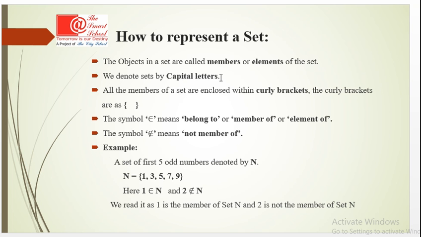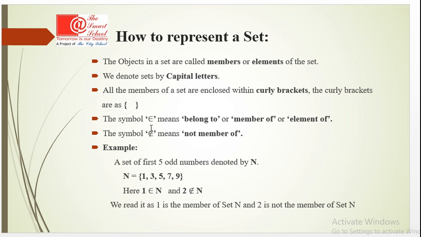We have to give names to sets, we can write A, but A has to be capital, or B or C and so on, but the letters have to be capital. All the members of a set are enclosed within curly brackets, and we write all the elements inside these brackets.